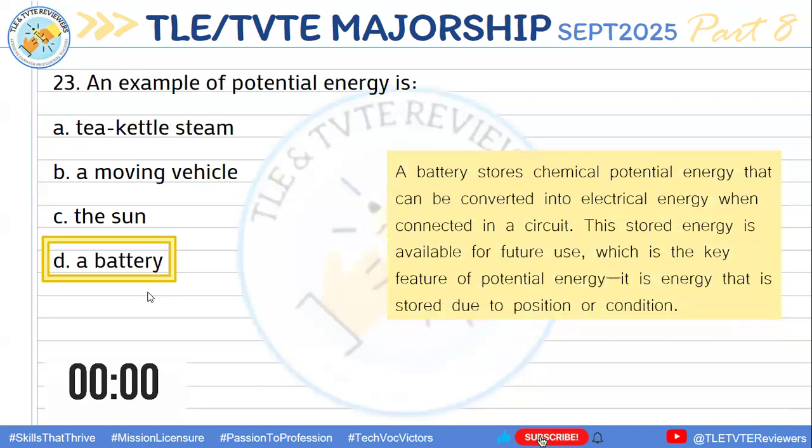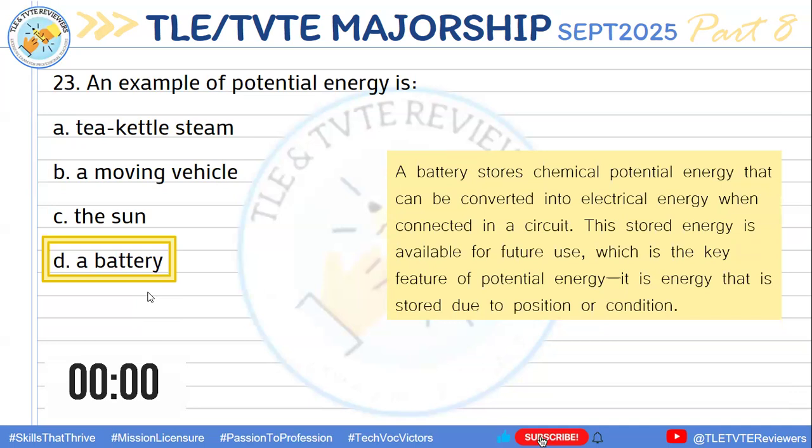A battery stores chemical potential energy that can be converted into electrical energy when connected in a circuit. This stored energy is available for future use, which is the key feature of potential energy. It is energy that is stored due to position or condition.